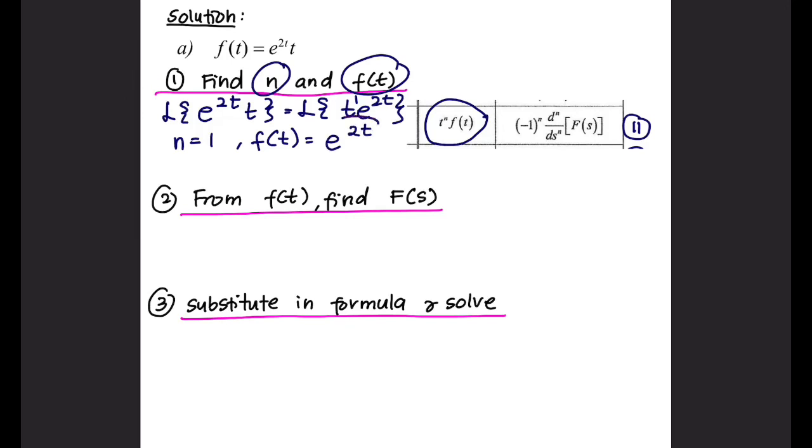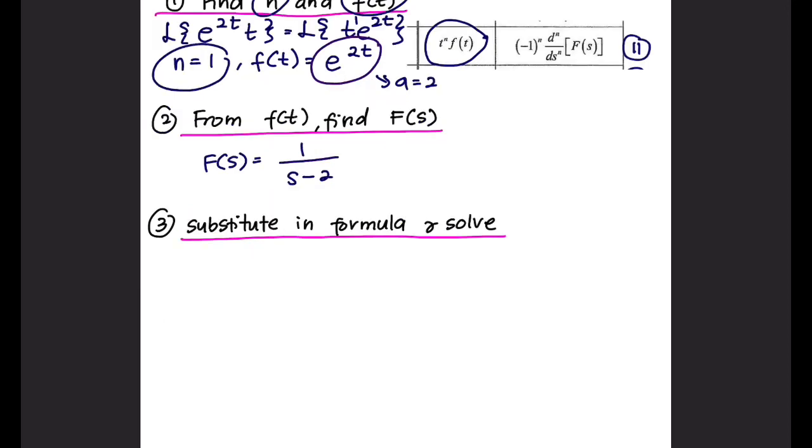And then from this f(t), find F(s). So look at the table for exponent 2t. You will get F(s) equals 1 over s minus 2, from this one a equals 2. After that, substitute n and F(s) in this formula.